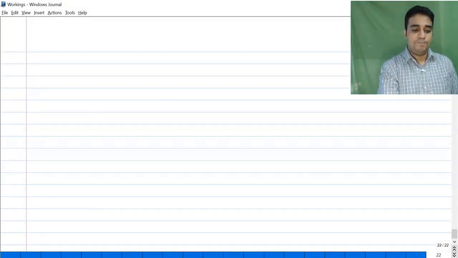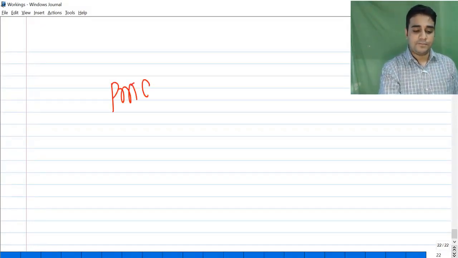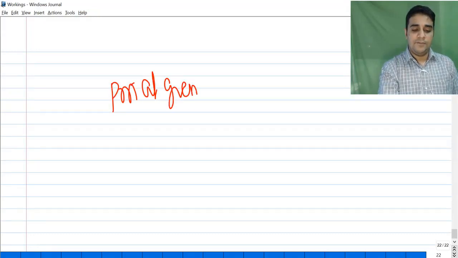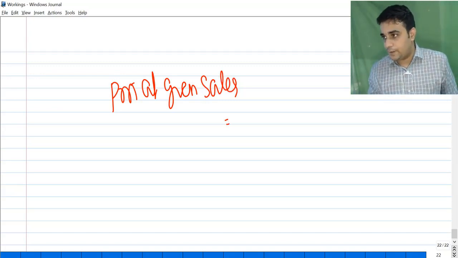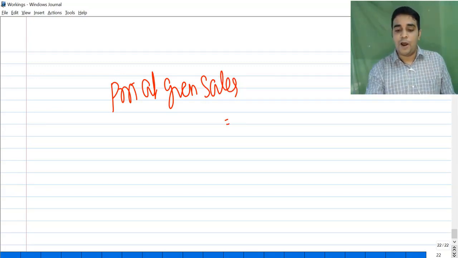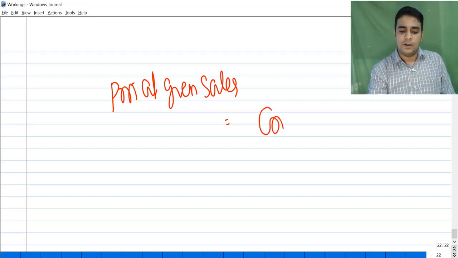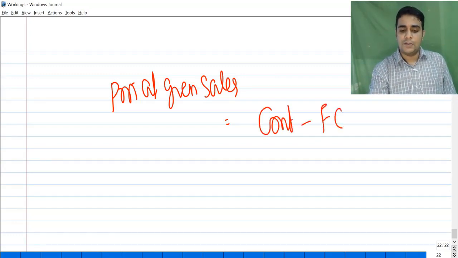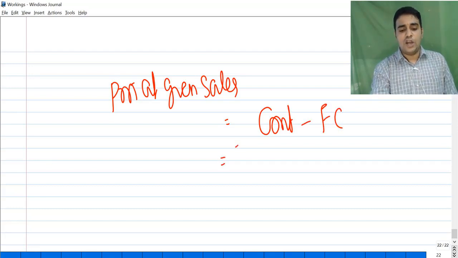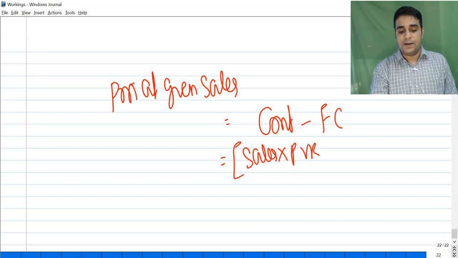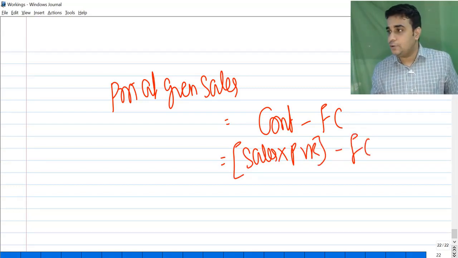And the last part is profit at given sales. The question can mention some sale number and they would want you to calculate profit. Profit is nothing but contribution minus fixed cost, and contribution is nothing but sales into PVR.